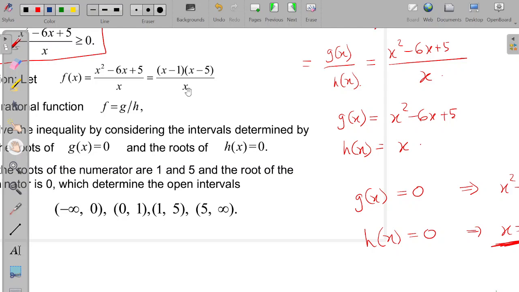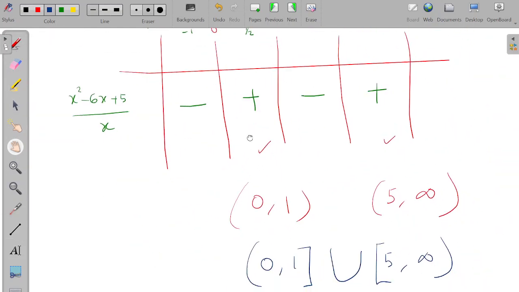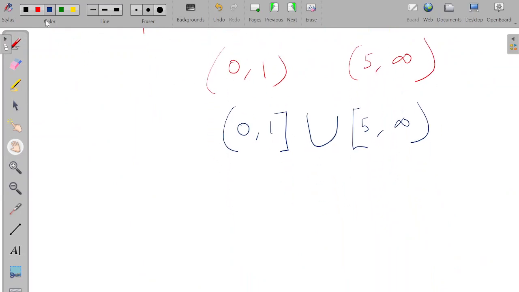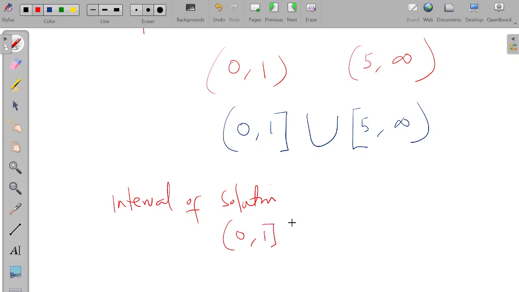So 0 is not part of it, but every other number in the intervals is. So our interval of solution is 0 to 1 inclusive, union 5 to infinity.